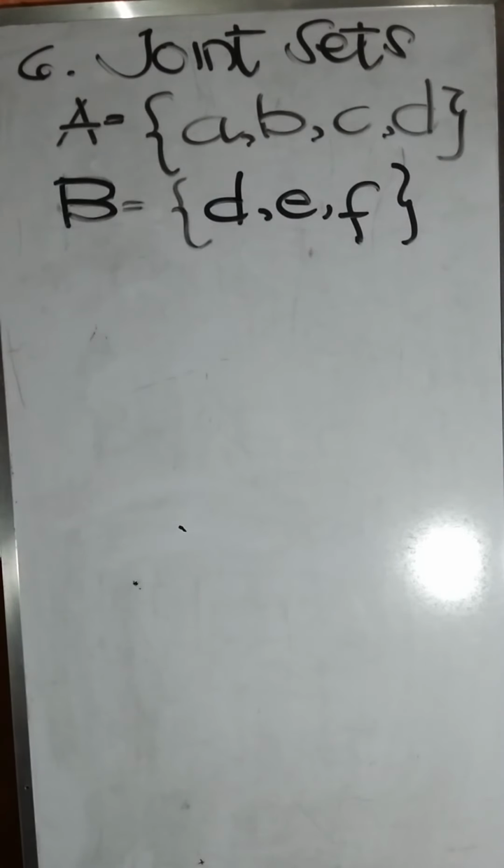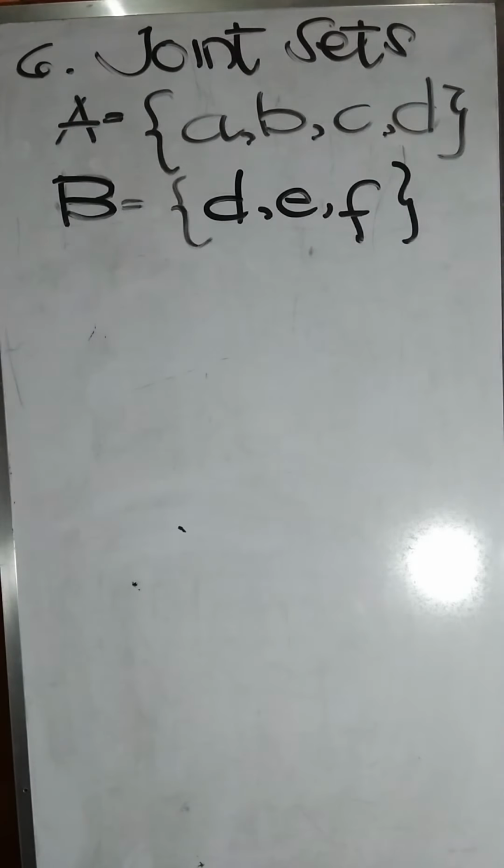Tinatawag silang joint sets because they are two sets with the same or common elements. Anong common sa kanila? Parehas silang merong letter d. So, kapag merong two sets na may magkaparehas na isa, ang tawag sa kanila is joint sets.